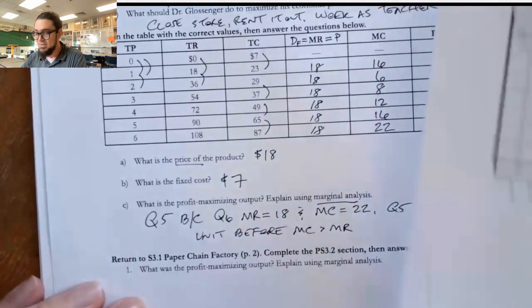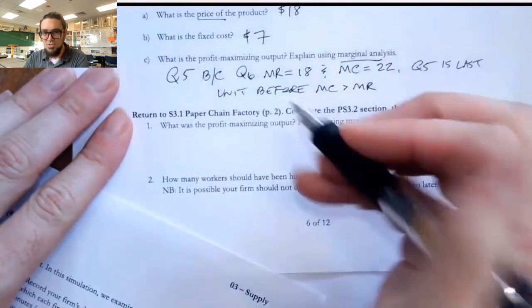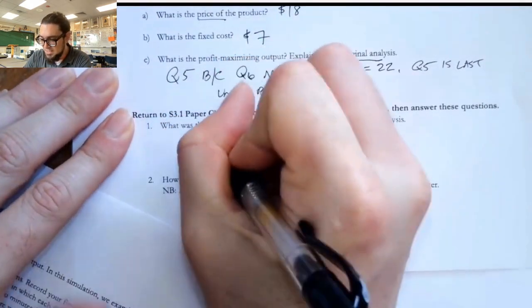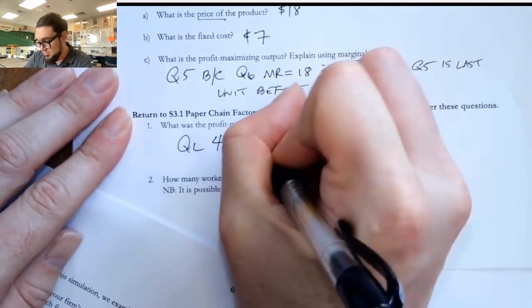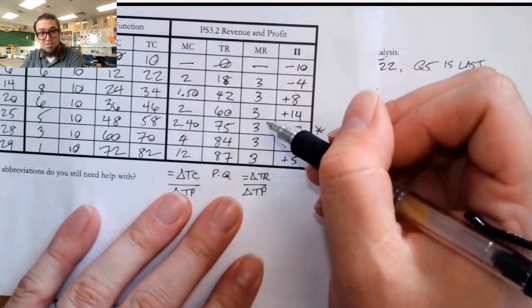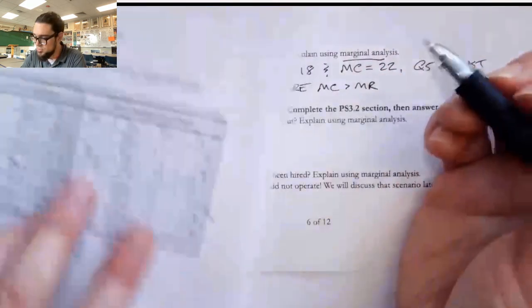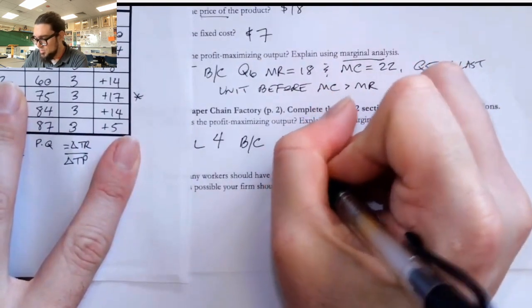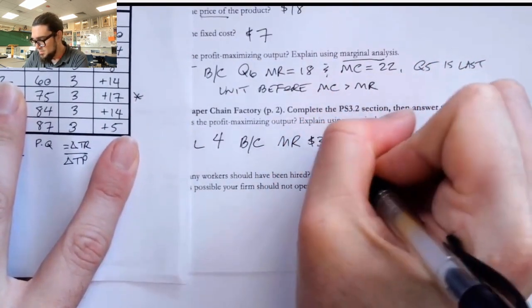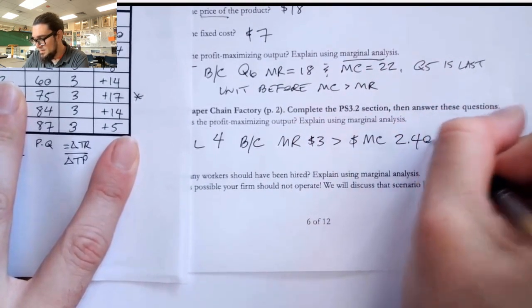Let's go back to take a look at these questions really quick and see the profit maximizing output explained using marginal analysis. And we'd say quantity of labor 4 because, and then I'm just going to use these numbers. The marginal revenue of the last unit, the 4th worker, 3, is greater than 2.4, because marginal revenue of $3 was greater than marginal cost of $2.40.